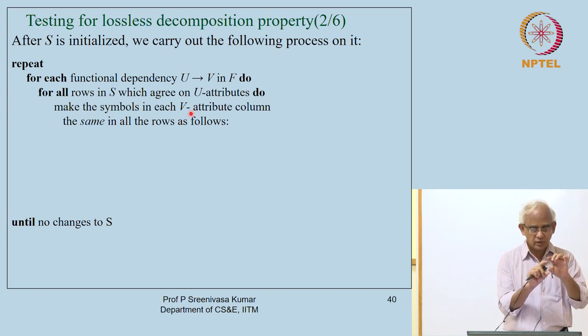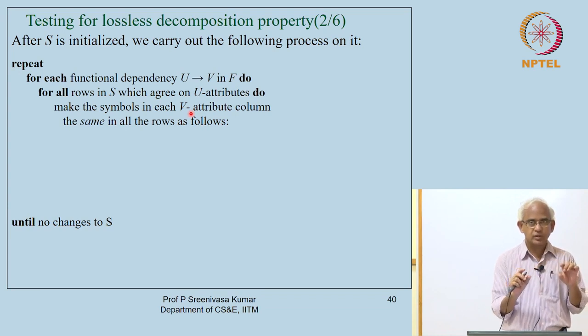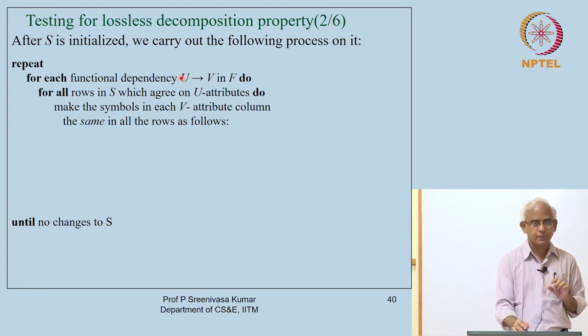Let us say there are 3 rows, all of them agreeing on the U attributes. Take one of these V attributes and ensure that in that column the same value exists in all those rows. If you do that, then we have ensured that U determines V is enforced on that matrix.